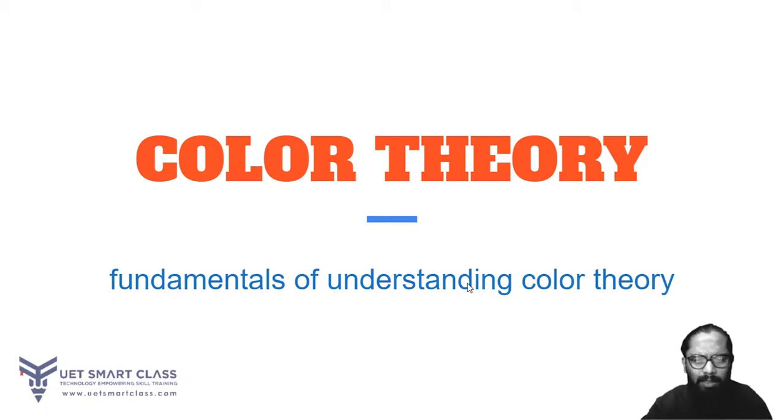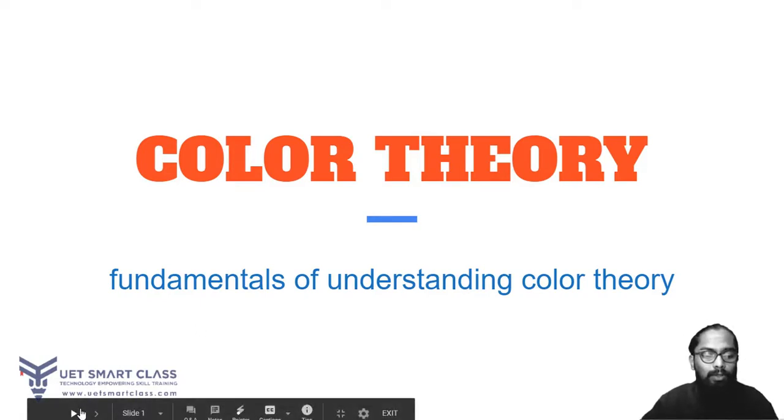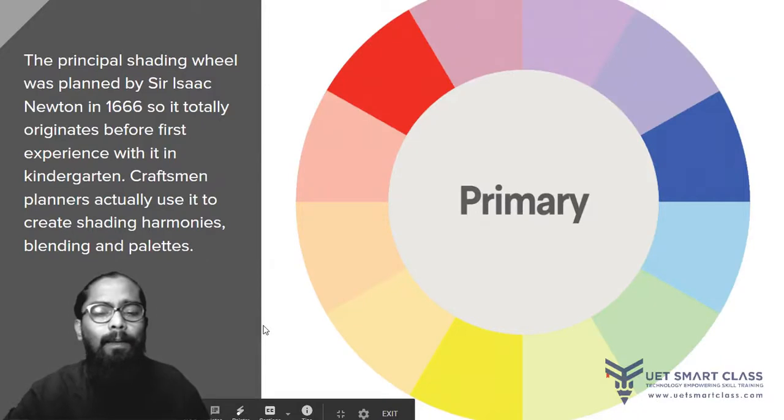So first know the rules, then you can break the rules. If you feel you can break them in another way, you can. So let's go for it. We are going to learn the fundamentals and understanding.